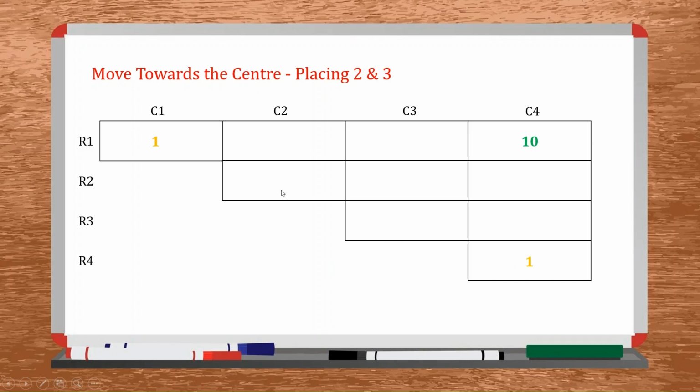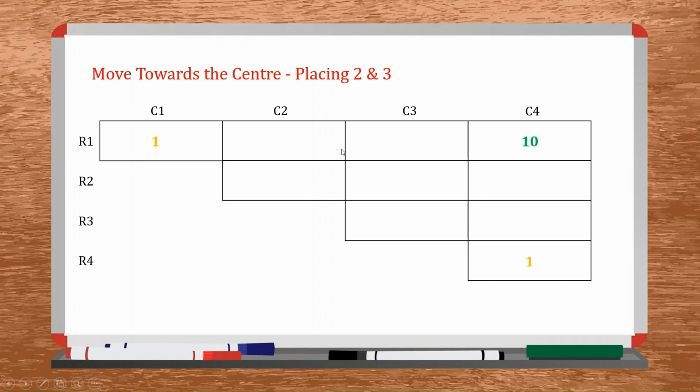I might still be able to get the answer if I place 9 first, but it will take me more time to reach the solution. That's why I'll be starting with 2 and 3 first. If you start with 9, let me know in the comments how much time you take to solve this particular problem. So let's start with 2 and 3 now.